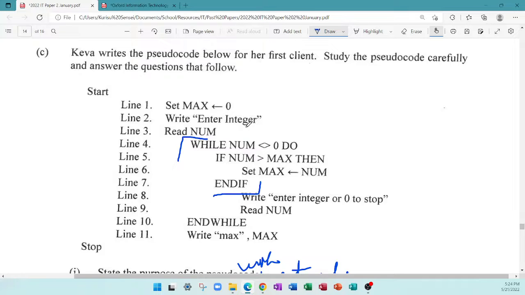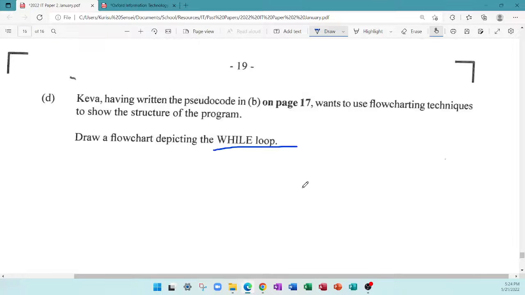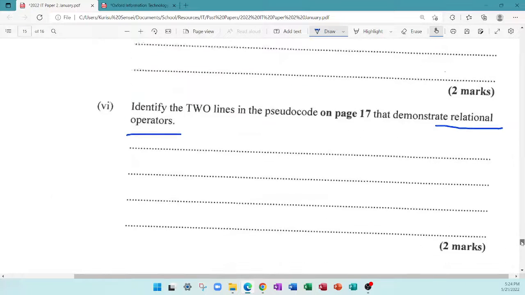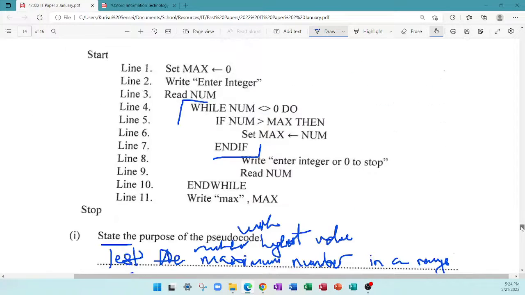Oh, we got read. Sorry, it's not starting from the beginning of the pseudocode. Draw a flow chart depicting the while loop. So they don't want the whole thing. So yeah, what are we starting with?